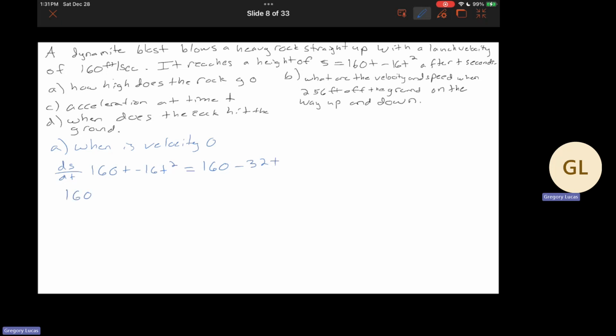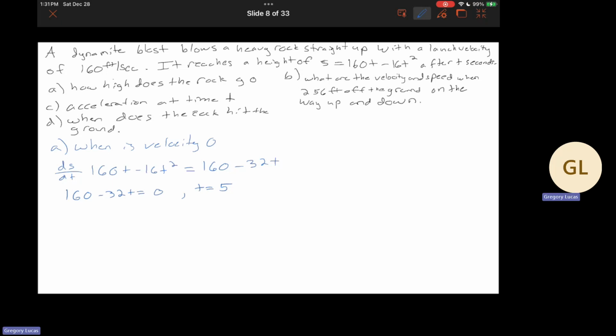So 160 minus 32t equals 0. And I'll let you solve this one on your own. t would be 5. So you subtract the 160 from both sides, divide by minus 32. You get t is equal to 5. So at time t, we want to know that height.